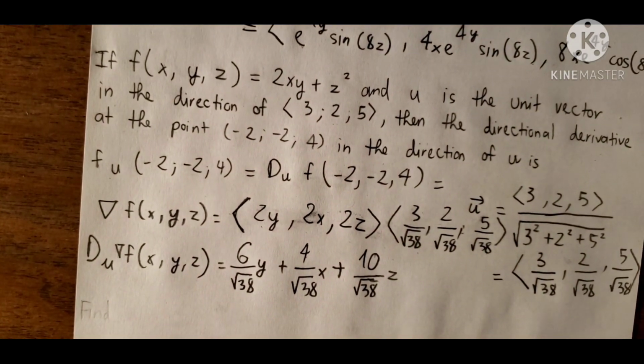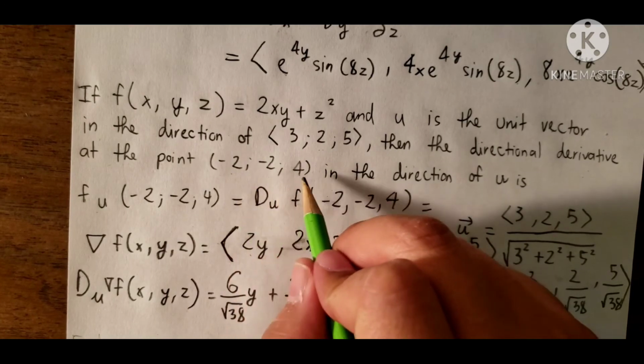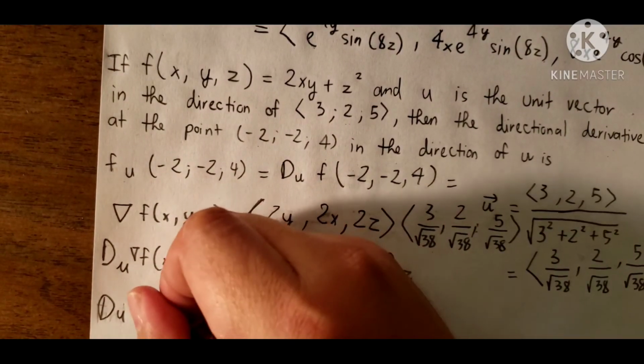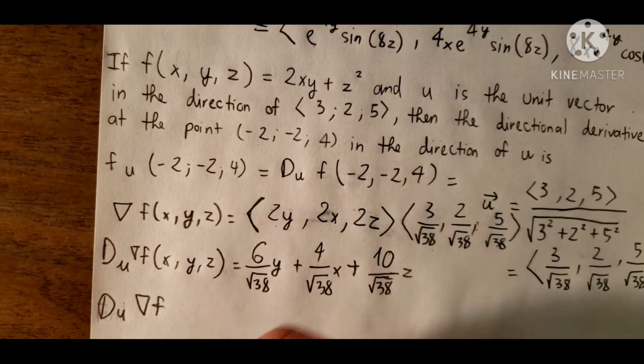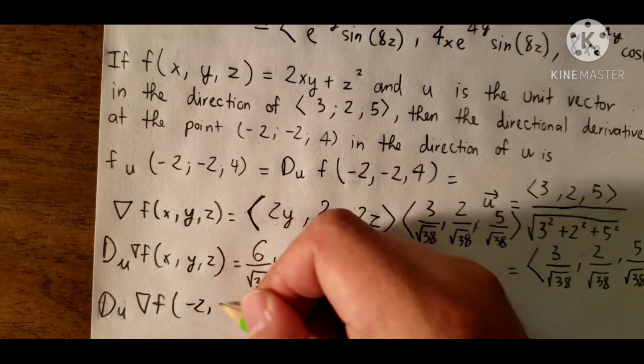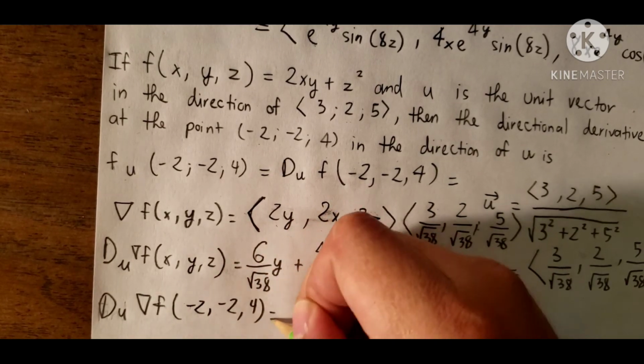So now we have the point minus 2 and 4. We have minus 2 and we have 4 in here.